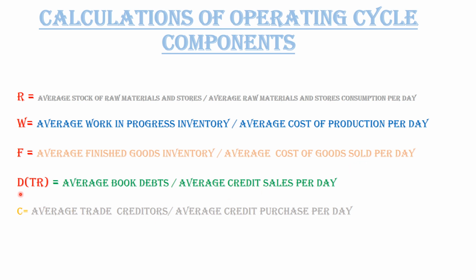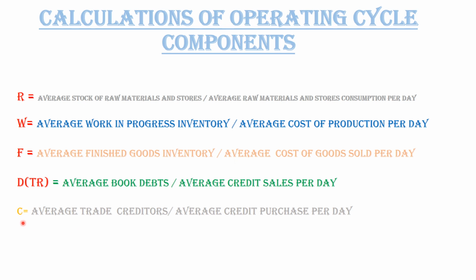And debtors or trade receivables conversion period equals average book debts divided by average credit sales per day. You should remember that for the calculation of debtors conversion period, we have to consider only the credit sales.